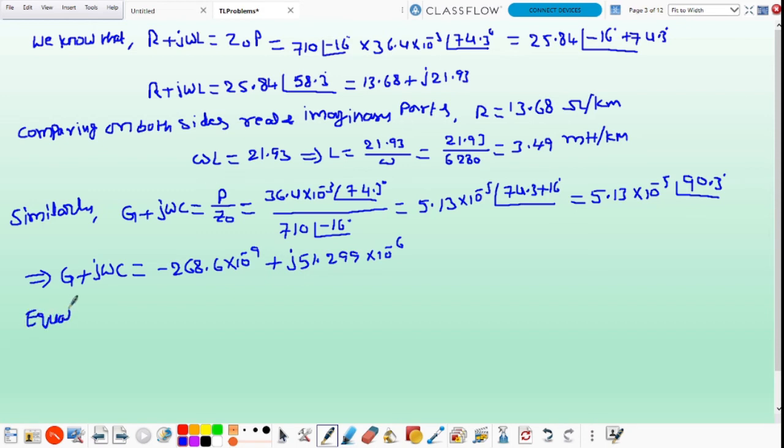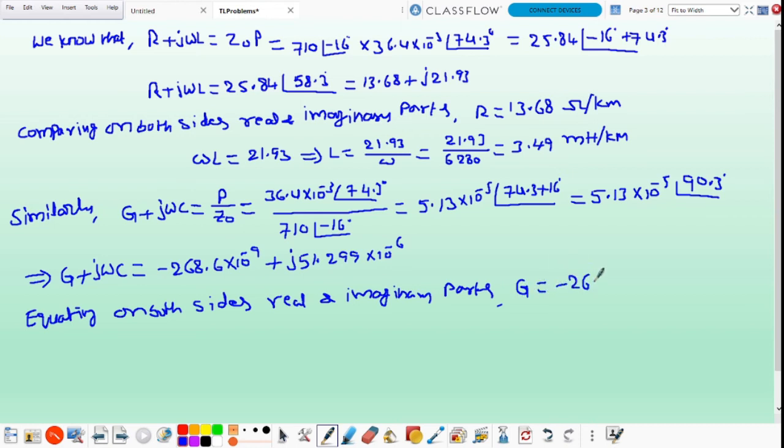Comparing or equating the real and imaginary parts on both sides, on the LHS the real part is conductance G, and on the RHS the real part is minus 268.6 into 10 to the power of minus 9 mho per kilometer.